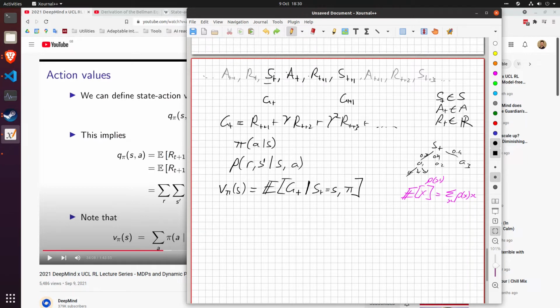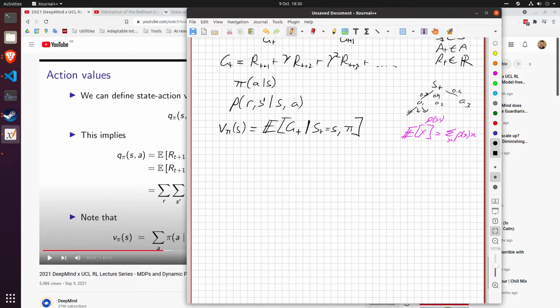But the first thing that we might do to simplify things for ourselves is pin down the action at least. So we can say, okay, there are all these possible actions that could come out of this state, but let's just consider them one by one. We can do this in a summation. We can take a summation over all possible actions that we might take.